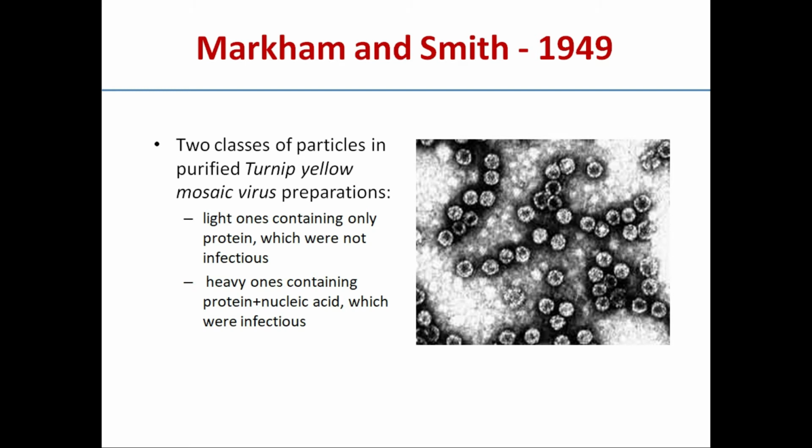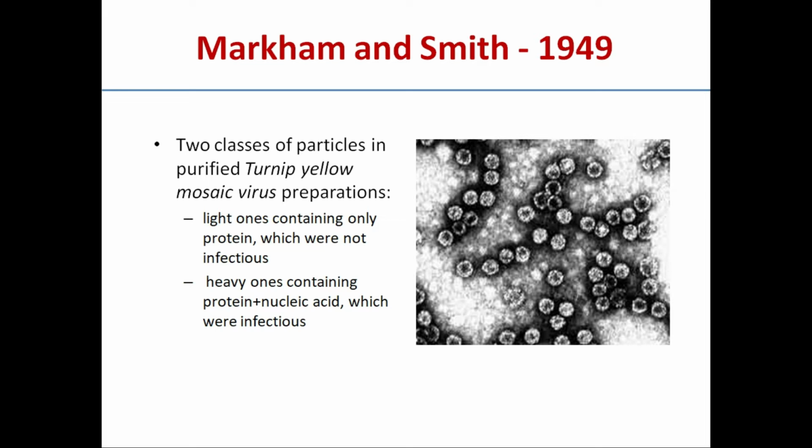Then Markham and Smith in the year 1949 found two classes of particles in the purified turnip yellow mosaic virus preparation. So here we see a kind of virus which is spherical, and there were two types of particles in the purified virus preparation. One is light. The light ones had only protein and they are not infectious.